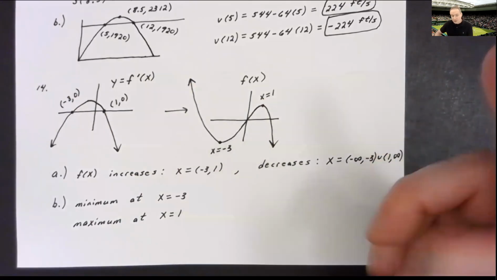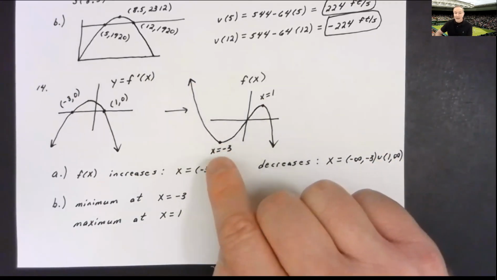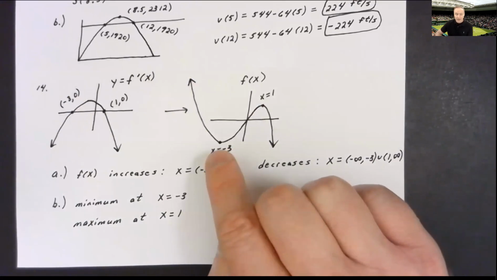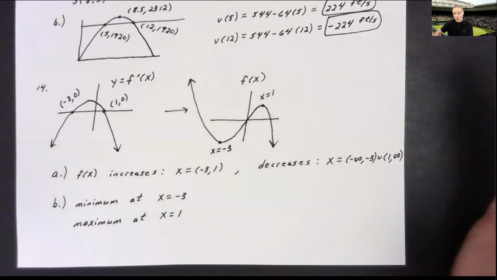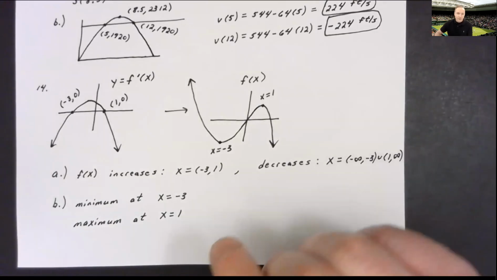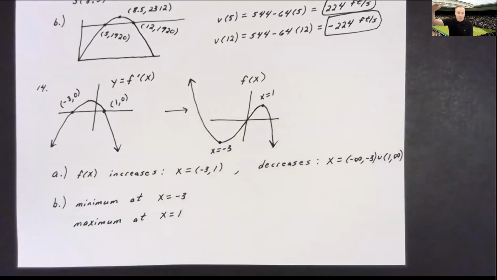We know clearly just by looking at it, it's going to have a minimum at x equals -3. I don't have a clue what the y value of that minimum is, nor should I. The derivative doesn't give us the specific y values of the original function. Since the derivative represents the rate of change, it's representing the shape of the original function.